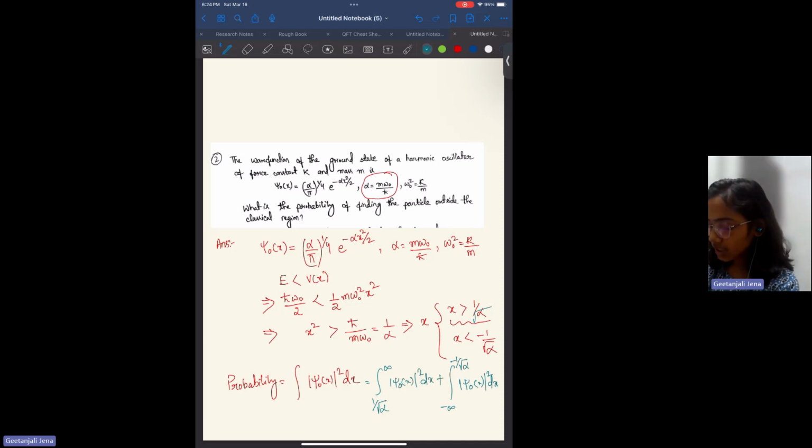Psi 0 is given to you, so you can easily find the expression for psi 0 x square. This is nothing but the product of the complex conjugate with the wave function that is given to you, and this will be alpha by pi to the power half e raised to minus alpha x square. So now you have to just put this psi 0 expression in these limits.